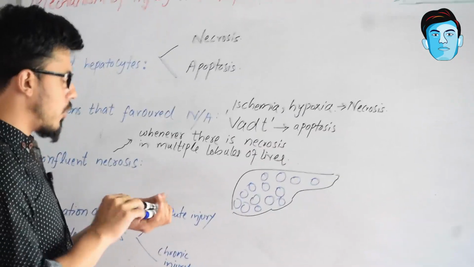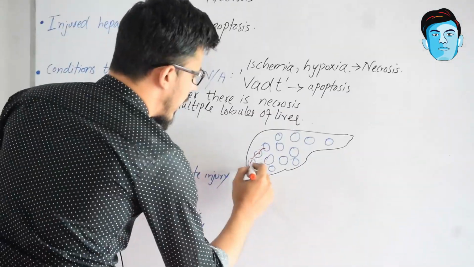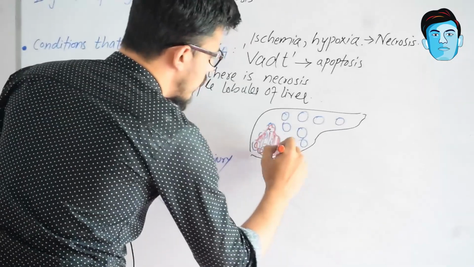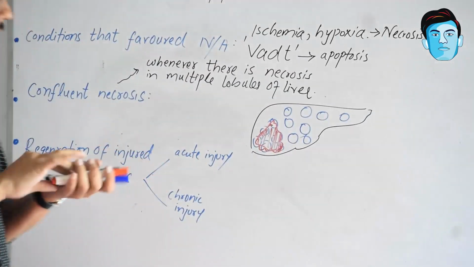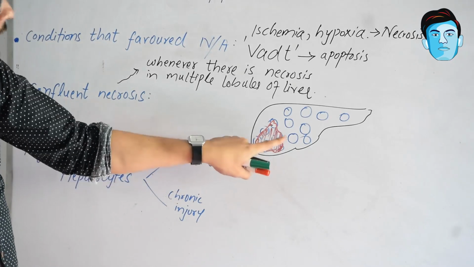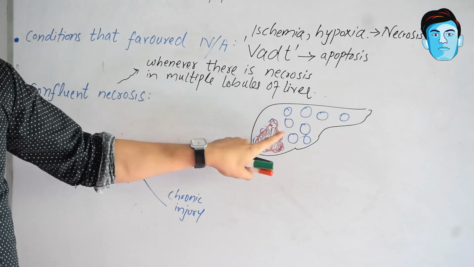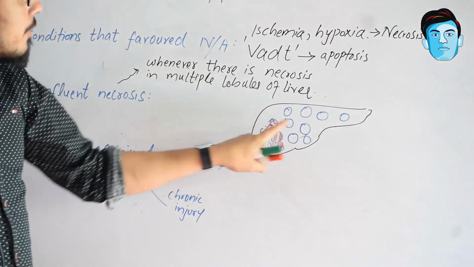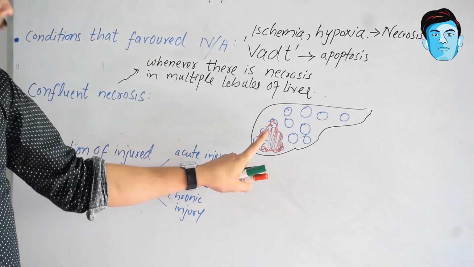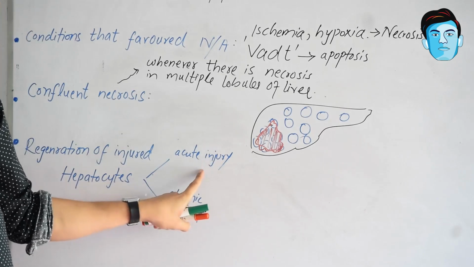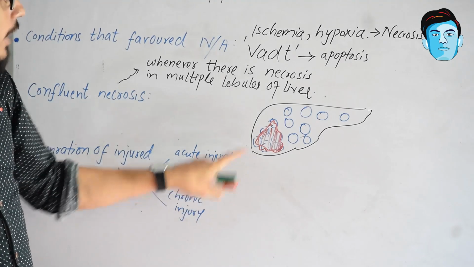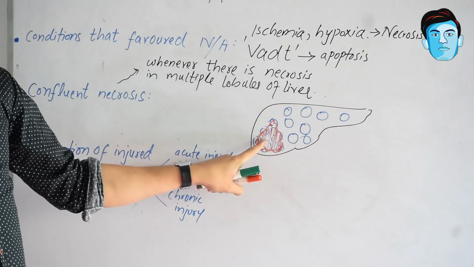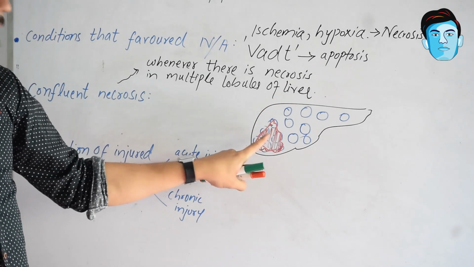If this portion gets injured, all the adjacent hepatocytes divide and replicate, and they replace the injured hepatocytes. This is the main thing in acute injury: the adjacent hepatocytes have the capacity to replicate and replace the injured hepatocytes.